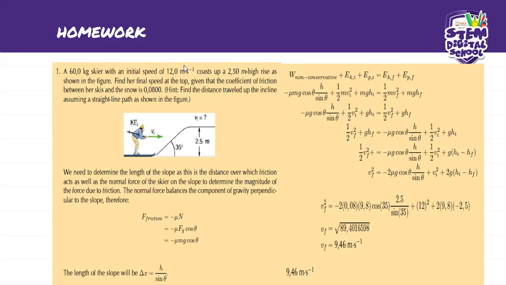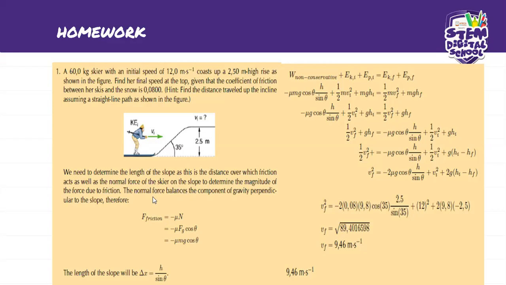So we need to determine the length of the slope, as this is the distance over which friction acts, as well as the normal force of the skier on the slope to determine the magnitude of the force due to friction.